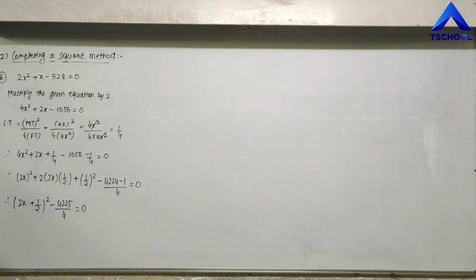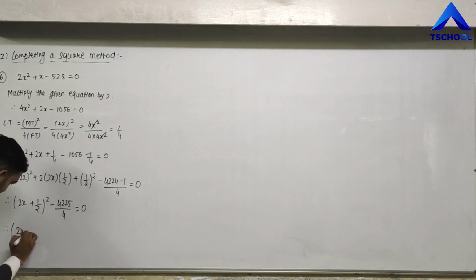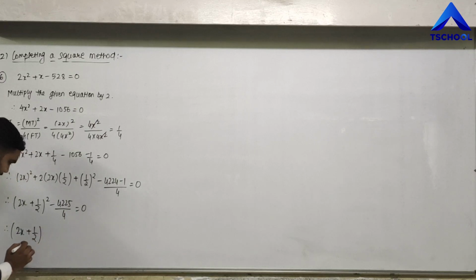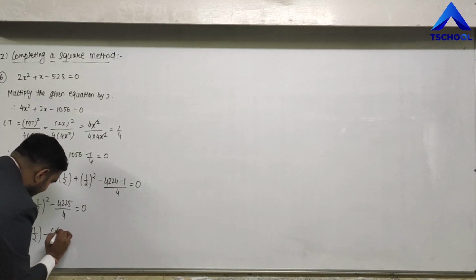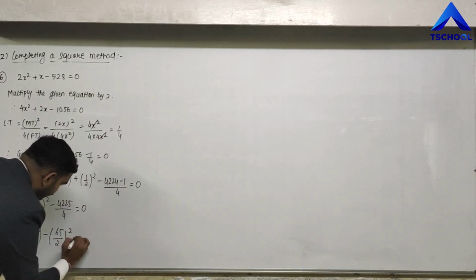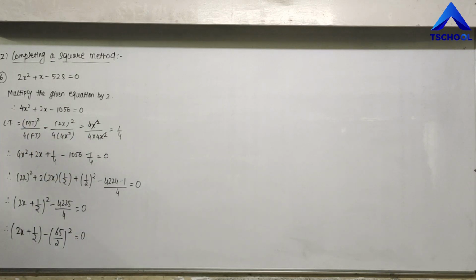Now can you see what is the square root of 4225? 65. Right? Check that the square root of 4225 is 65, or the square of 65 is 4225. Therefore 2x plus 1 by 2 whole square minus 65 by 2 whole square is equal to 0.